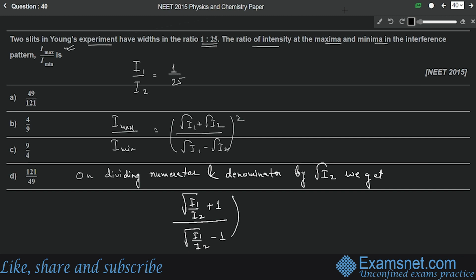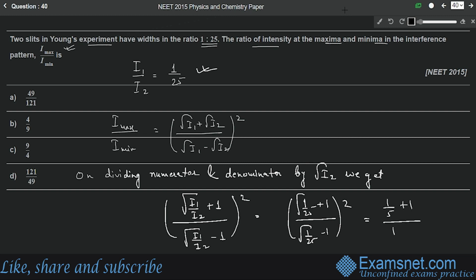Okay, and square of this. Now we know that I1 by I2 is equal to 1/25. So we just have to put the values. Okay, so here we get under root 1/25 plus 1, here we get under root 1/25 minus 1, and square of this. So under root 1/25 will be equal to 1/5. So 1/5 plus 1, and here 1/5 minus 1, whole square.